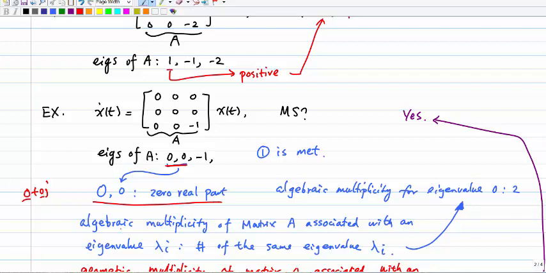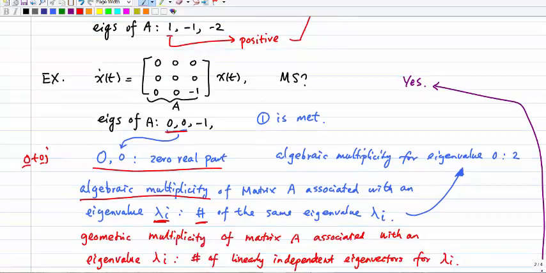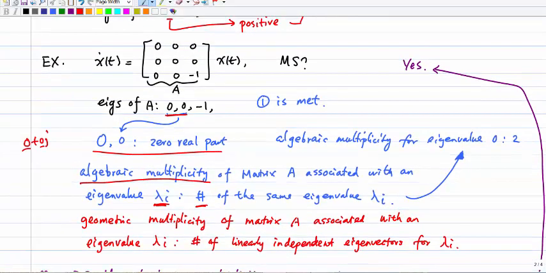Here's the definition of the algebraic multiplicity and the geometric multiplicity. The algebraic multiplicity of a matrix A associated with an eigenvalue lambda i is just the number of the same eigenvalue lambda i. Again, the algebraic multiplicity is just how many of these eigenvalues there are. The geometric multiplicity of a matrix A associated with eigenvalue lambda i is the number of linearly independent eigenvectors for that eigenvalue.